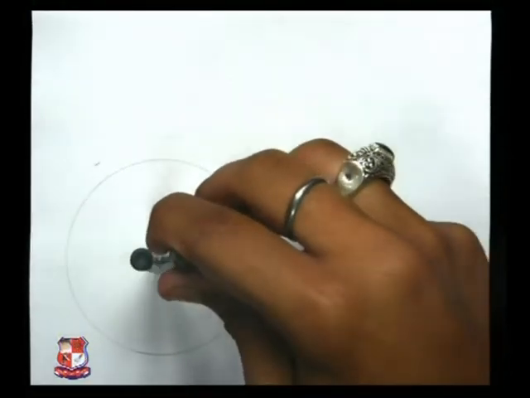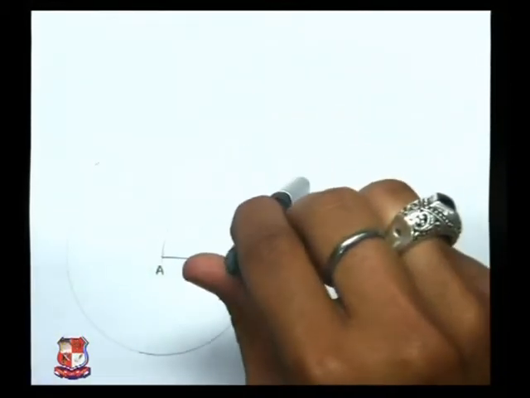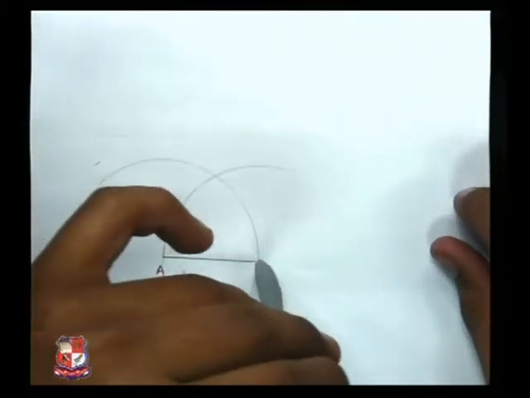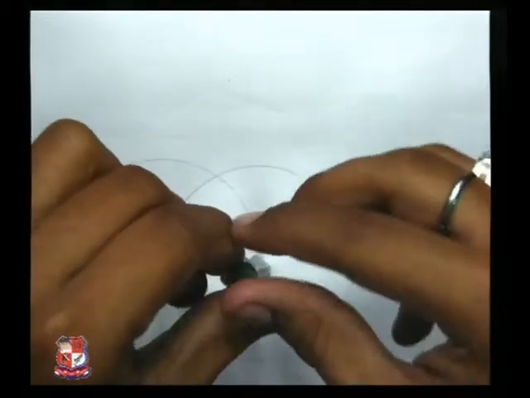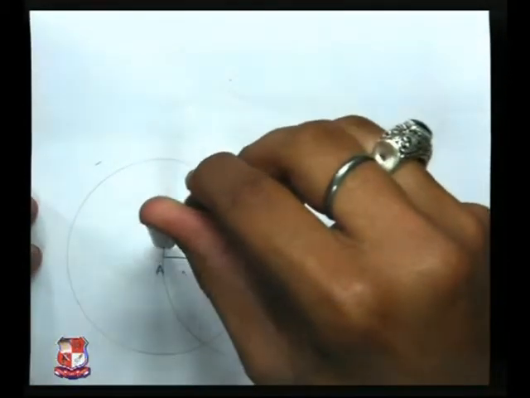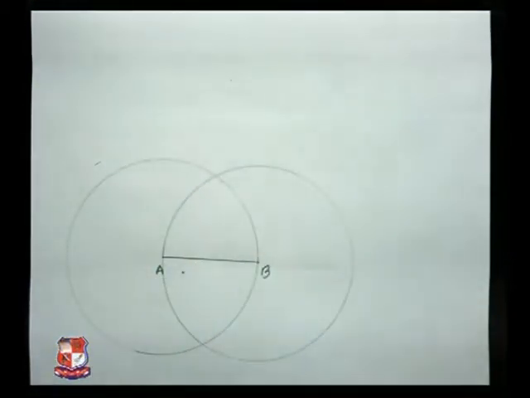Take B as center, AB as radius, draw a circle.